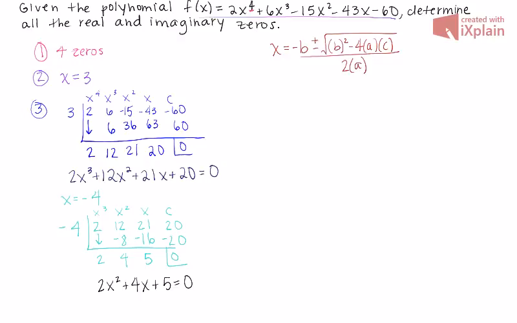So with my quadratic, my a value is 2, my b value is 4, and my c value is 5. I will simply substitute in those values into my formula. So I'm going to have x equals -4 plus or minus the square root of 4 squared minus 4 times a times c, and the whole entire thing is divided by 2 times a.